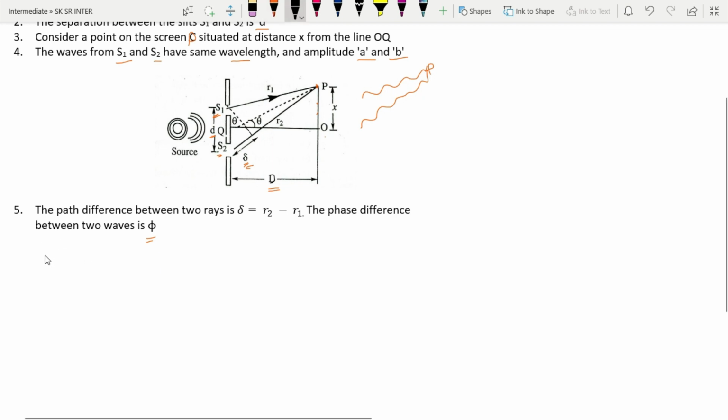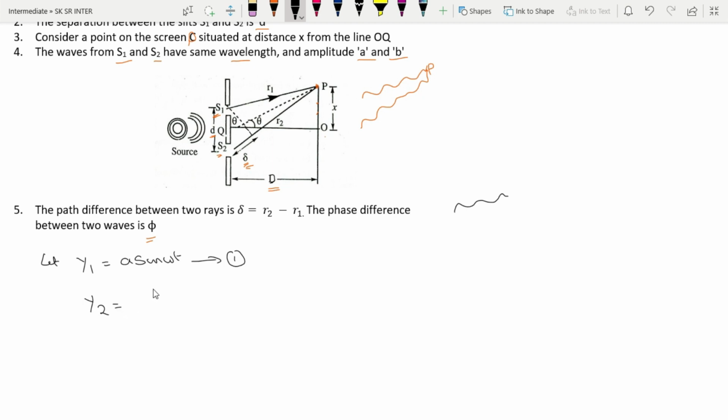Let the displacement of the first wave be y1 = a sin omega t. Here the wave represents a simple harmonic equation. This is equation number 1.